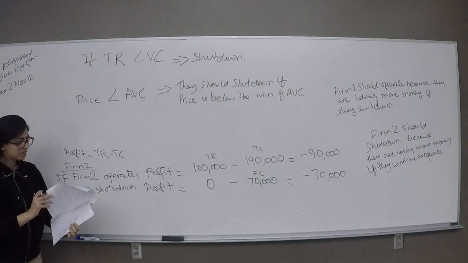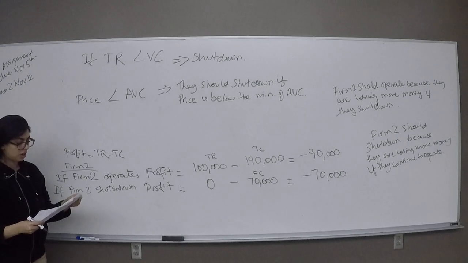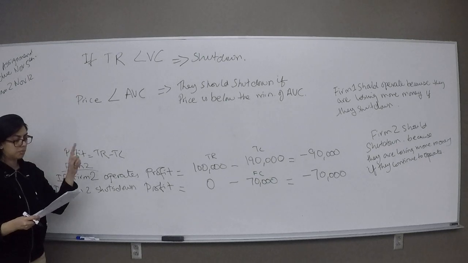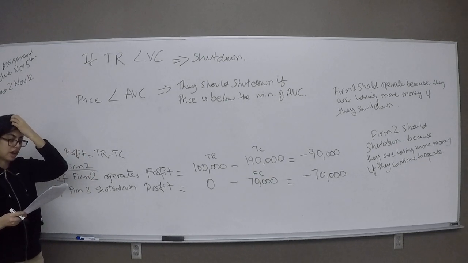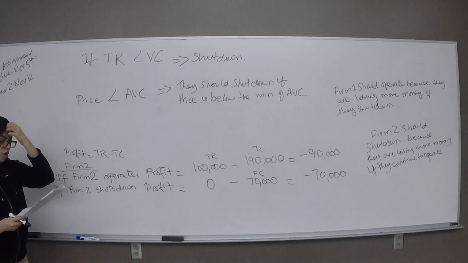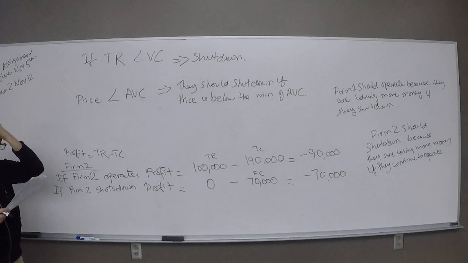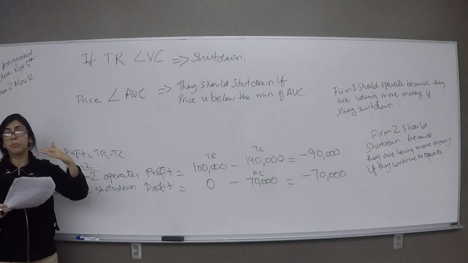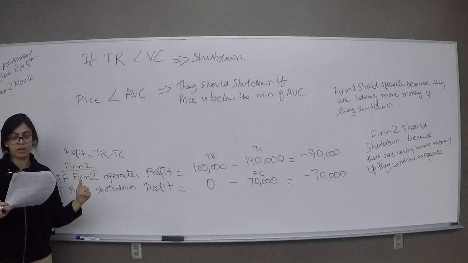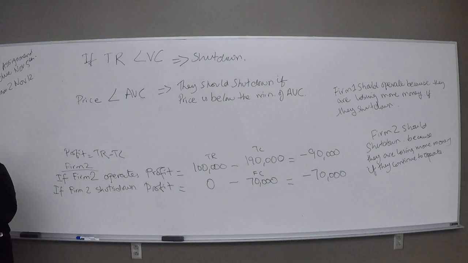So in the previous example that we were doing yesterday, where the equilibrium price was 80 and equilibrium quantity was 1,000, what is the shutdown price? The price below which you should not be operating.